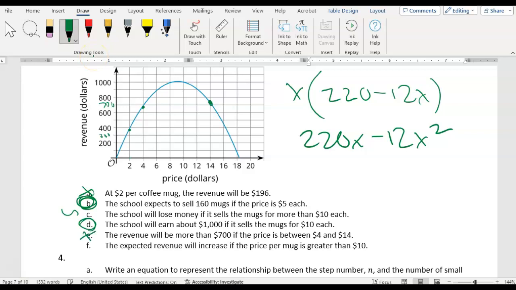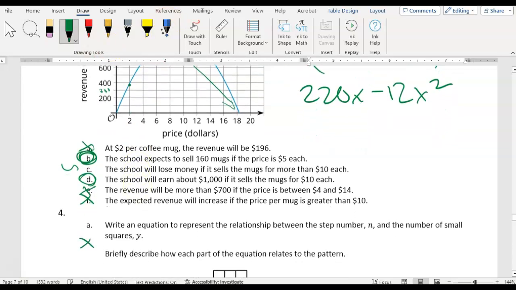So I'm going to say no. It would need to be a little bit more than 4, maybe 4.25. The expected revenue will increase if the price per mug is greater than $10. So if the price per mug is greater than $10, the revenue is going down. So the revenue will not increase.